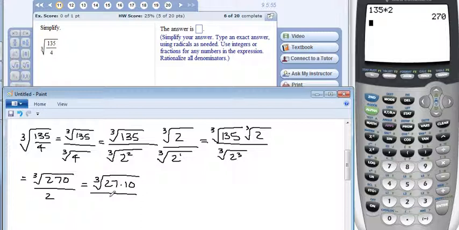Remember, 27 is a perfect cube, right? Then we can split. So I think the hardest part about these is knowing, am I done? The cube root of 27 is 3. This is pretty much set, and then I've got the 2 underneath there. Okay, so this is my final answer. I can't reduce a 3/2.